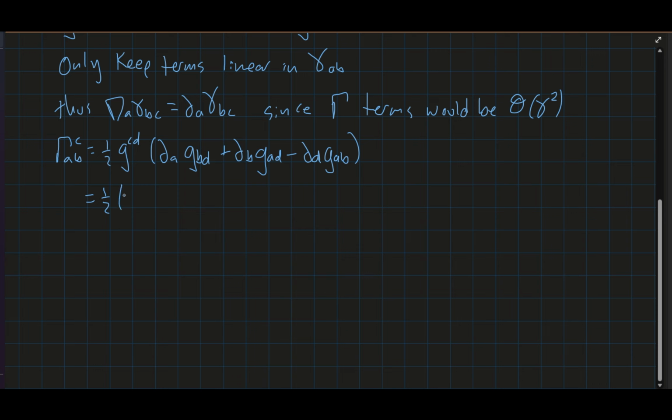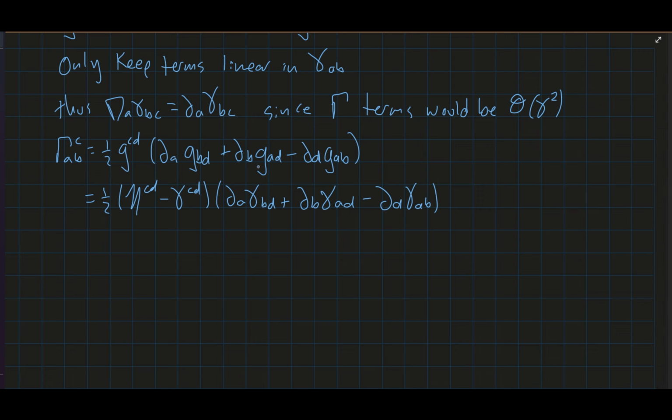So let's sub in for this one, eta^cd upstairs minus gamma^cd upstairs. But inside, these are just going to be gammas when the derivatives are taken. This is already simplified quite considerably, but you'll notice that the second term, as it multiplies in, is going to be second order in gamma, so we can effectively just get rid of that term.